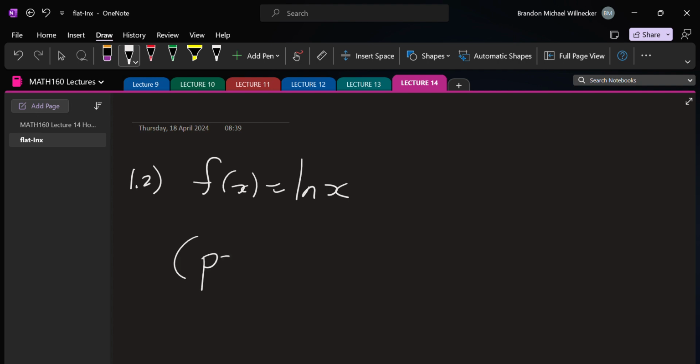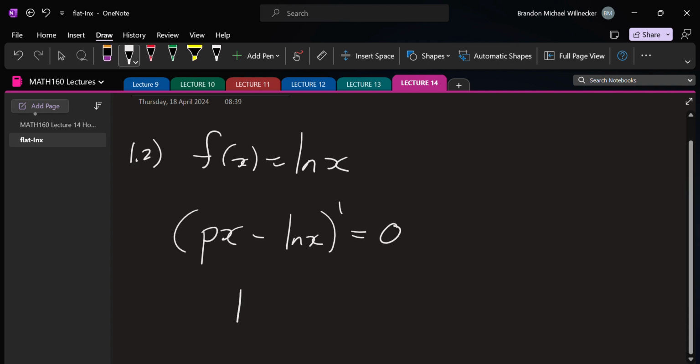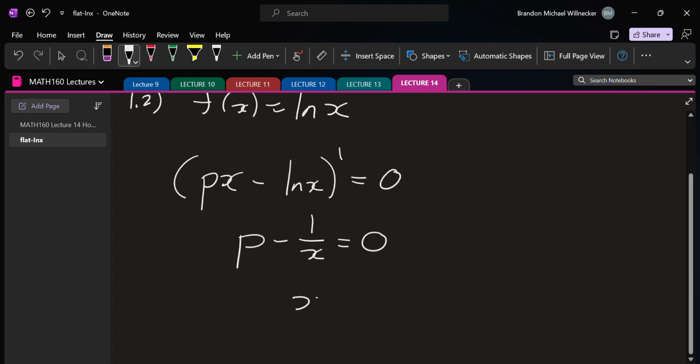So it's going to be px minus ln x prime is equal to 0. From this, we can get our x prime solution. So this is going to be p minus 1 over x is equal to 0. So x is equal to 1 over p, and this is our x prime that we want.